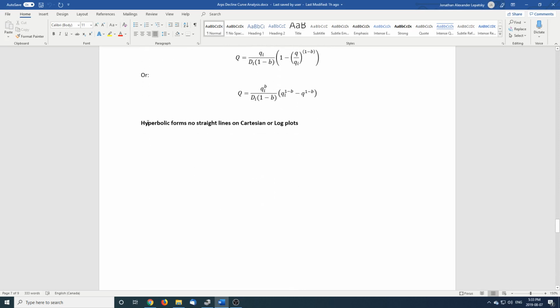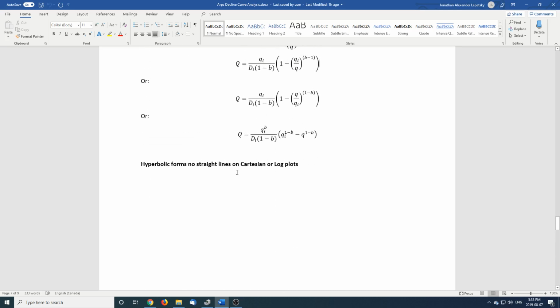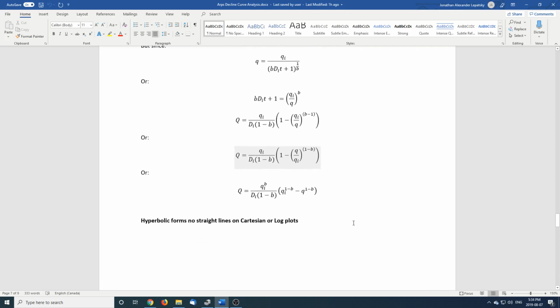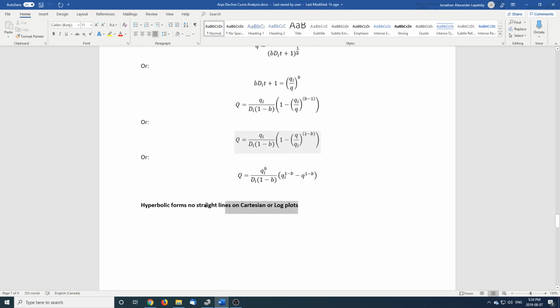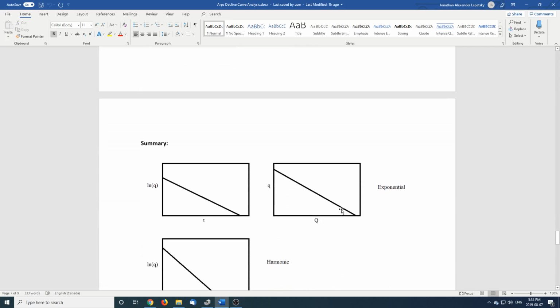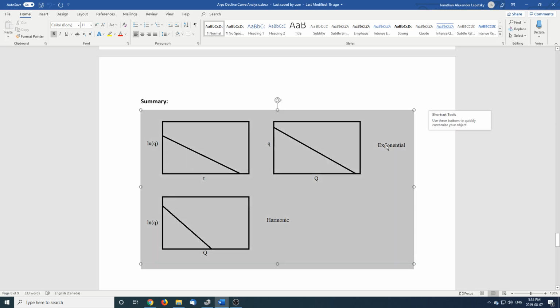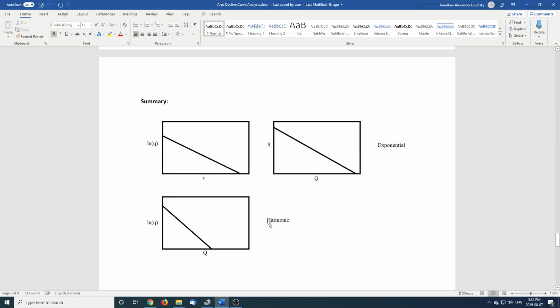Okay, so hyperbolic forms. In your Cartesian or your log plots, it's not going to make any kind of straight lines, not in any easy way. So what we have in summary, from everything we've talked about, is the two extreme cases where b is equal to 0 for exponential, and b is equal to 1 for harmonic.